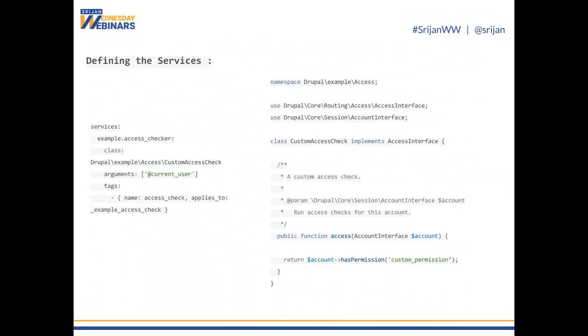Or if you want some other service, like I already have the example for the current user. Whenever you want to check that the current user has access to the current route or not, you need to have the access check tag there. So it's not a mandatory field for services to have the tags, but it's usually recommended to tag them to categorize them. Does that answer the question?